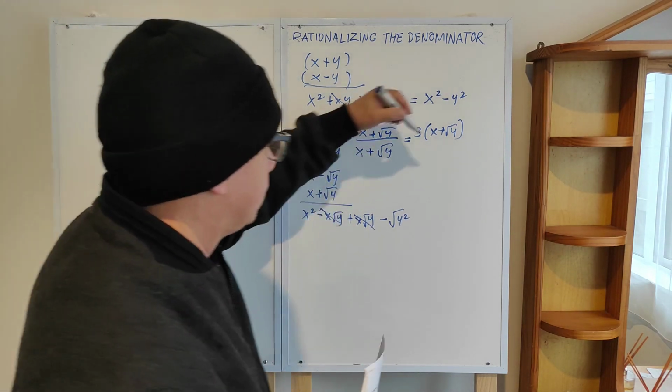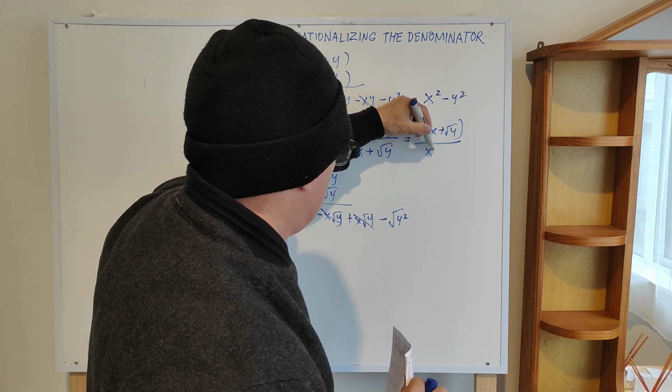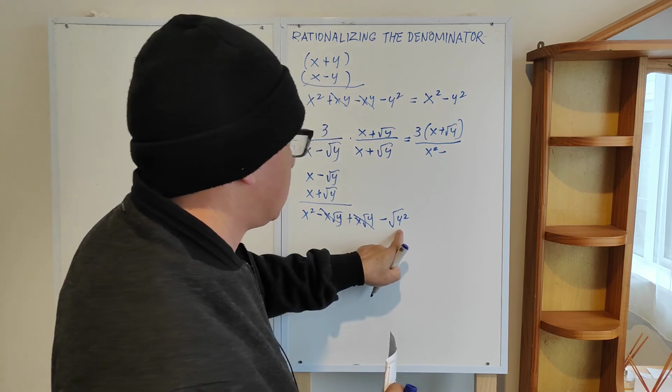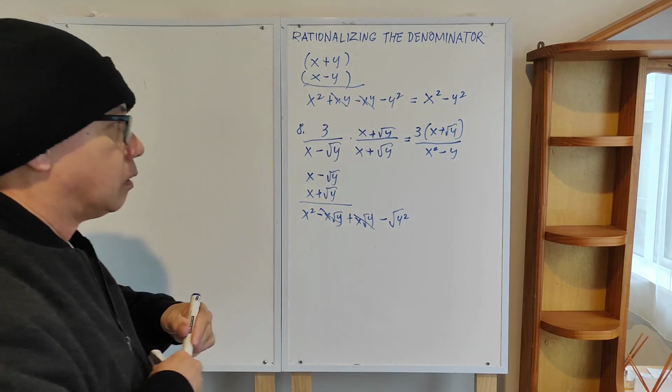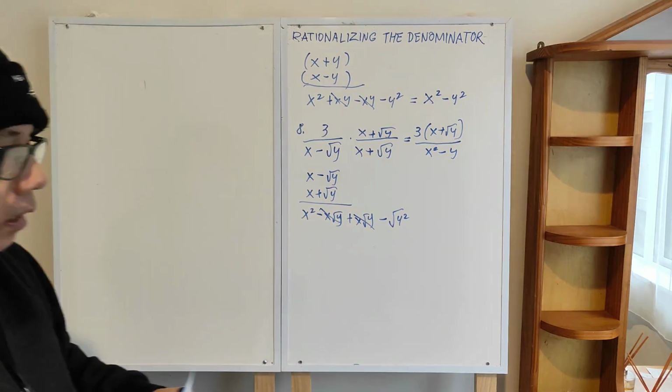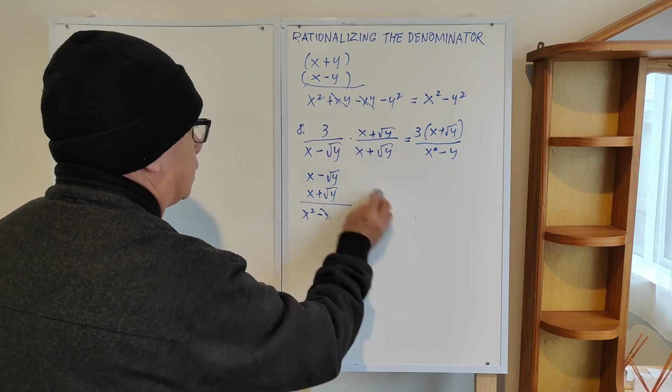So your answer will be x squared minus square root of y squared, which is y. So your denominator no longer has a radical sign. So it's rationalized.